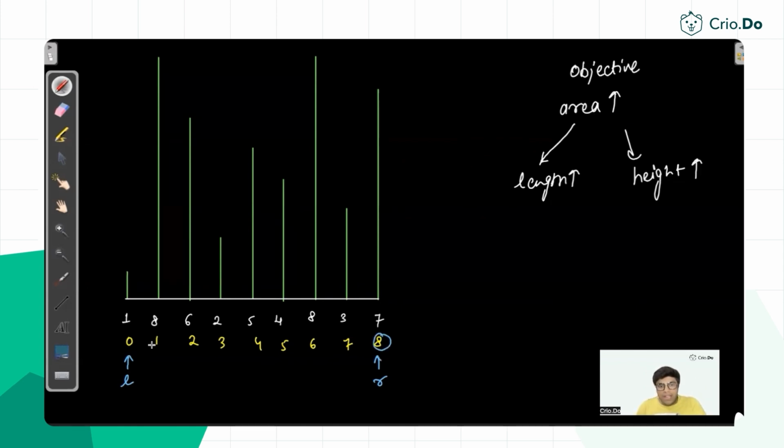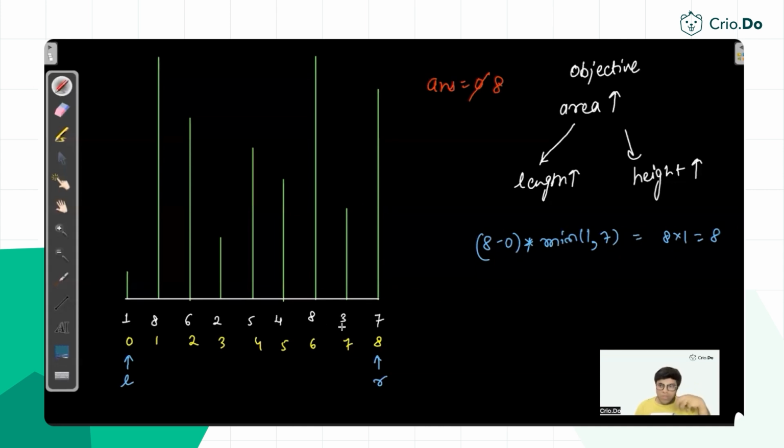The distance is 8 minus 0, and the height will be the minimum of 7 comma 1. What is the minimum of 7 comma 1? It will be 1 only. You can only store one height. So 8 into 1 will be 8 only. So for now, the maximum area will be 8. The answer variable initially will be 0 and I will update it to 8 because the current area is 8.